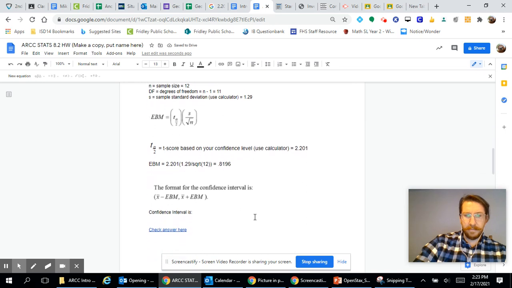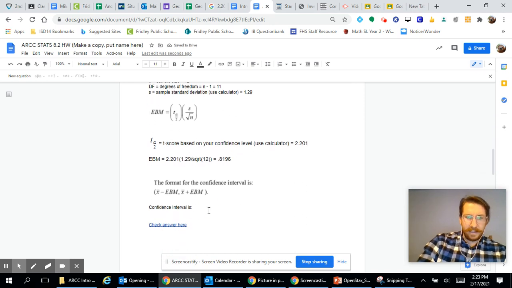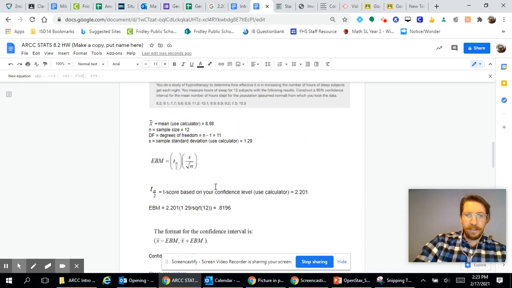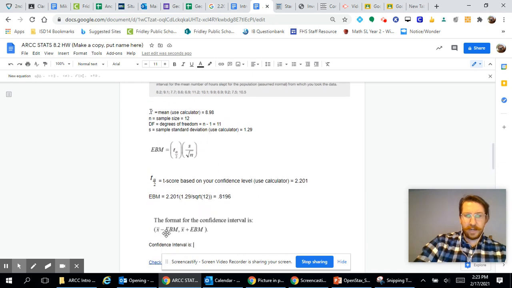There we go. So then to find our confidence interval, we take the average, 8.98. We subtract the error bound for the mean. So I'll just show all my steps here. So 8.98, the first one we subtract the 0.8196. The next one we take that 8.98, add the 0.8196. That gives us our bottom and upper end.